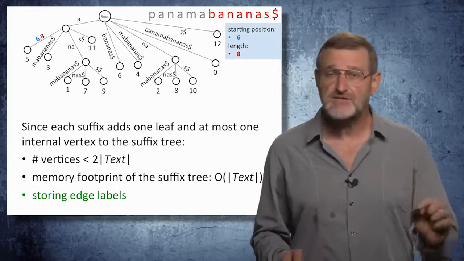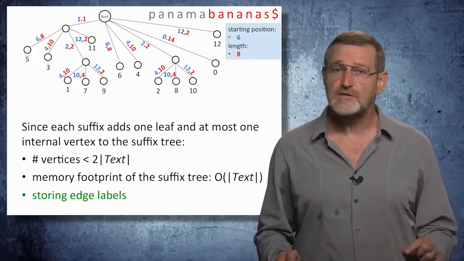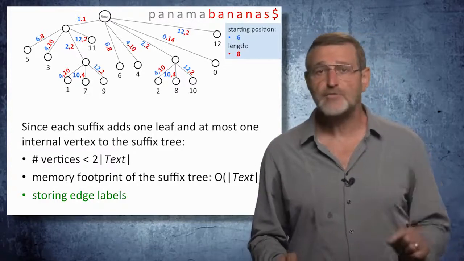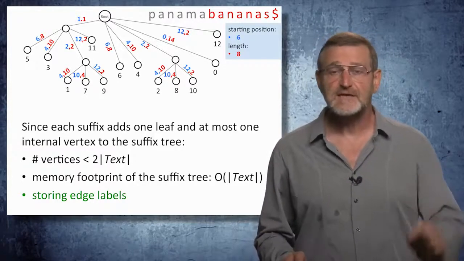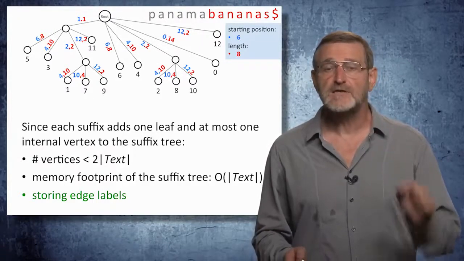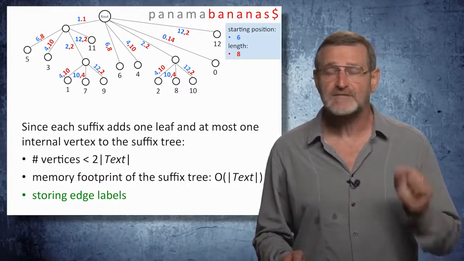That will be sufficient to reconstruct the entire label bananas. And we'll do it for all edge labels, and as a result, now you see that the suffix tree is indeed a very memory efficient way to code all information about suffixes of the text.